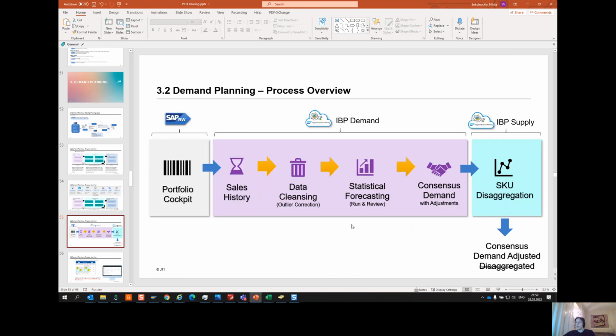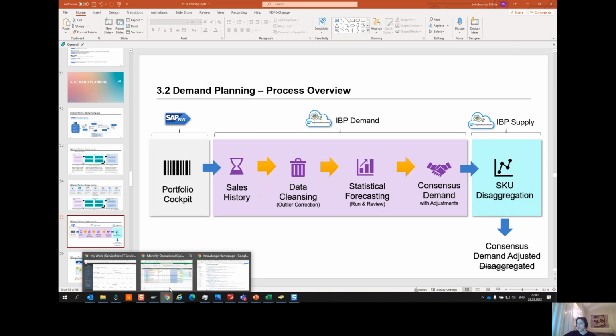So again, if we consider only the demand process, I guess this is a really good picture which can show us the main steps. First of all, we need to maintain our portfolio of products in Portfolio Cockpit, which is done by demand planners at the beginning of the cycle.